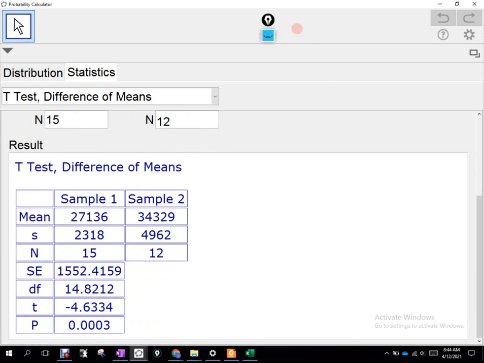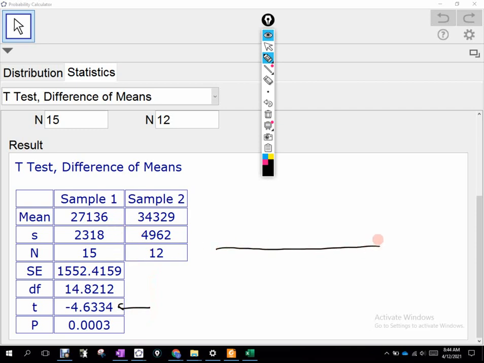Now, all we have to do is realize what was, and you can do this a couple different ways. They give me my test statistic, but they don't give me the critical value.